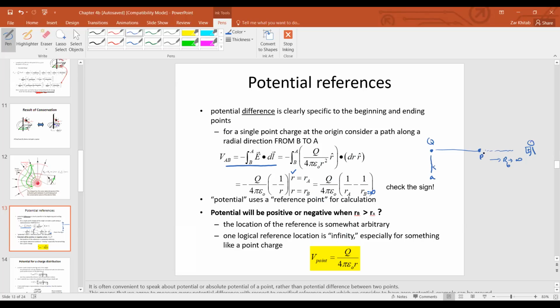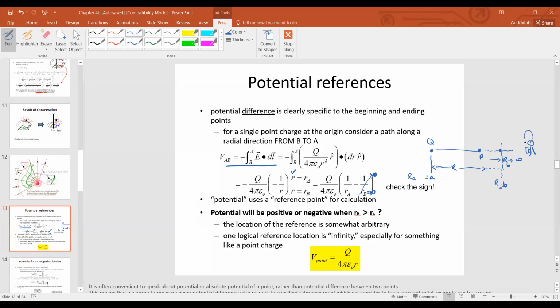This was your point A. This is somewhere the point B, this is really R, here is RA, here it is RB, right? RB is infinity. So when you put the values in this integral, RB tends to infinity, eventually making this term equal to 0. So you get the absolute potential.